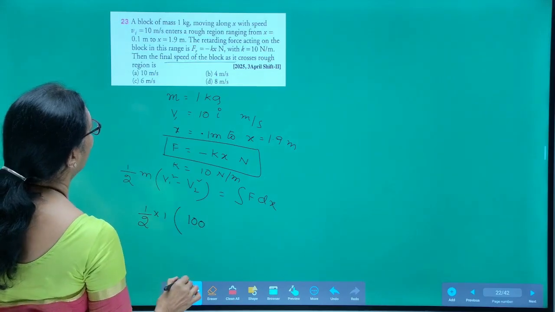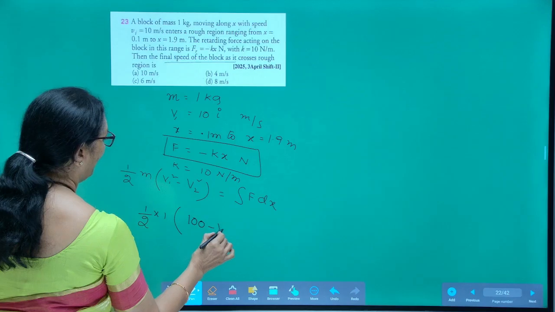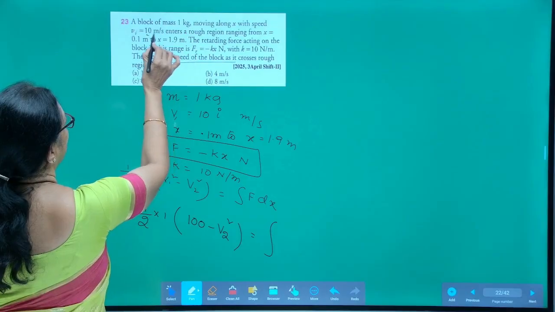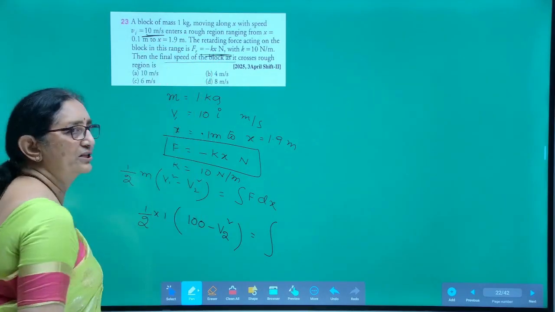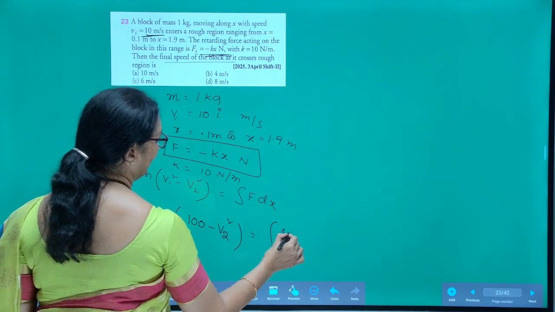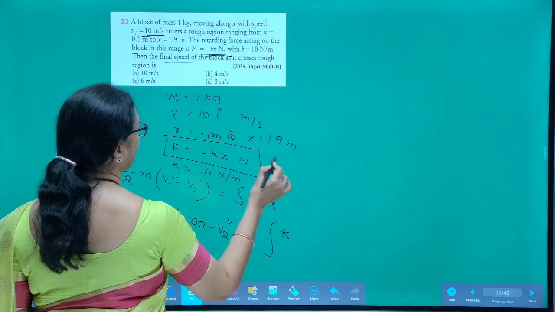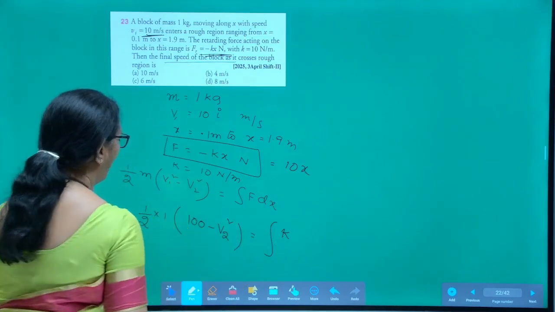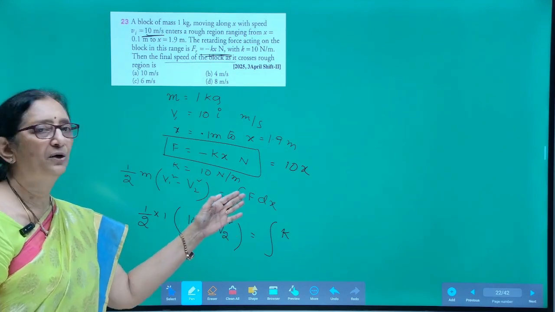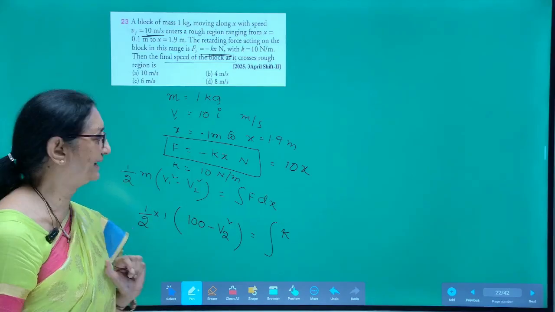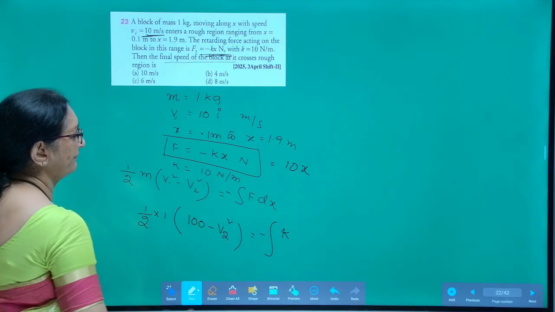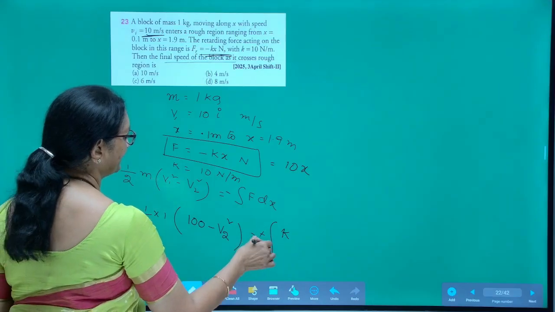V1 square minus V2 square is equal to integral; initial velocity is along x axis, force is also along x axis. So integral kx, k is given as 10, because actually we are taking from work energy theorem, work done is equal to change in kinetic energy. So lost kinetic energy is minus integral f dx. So minus of minus, this becomes plus.